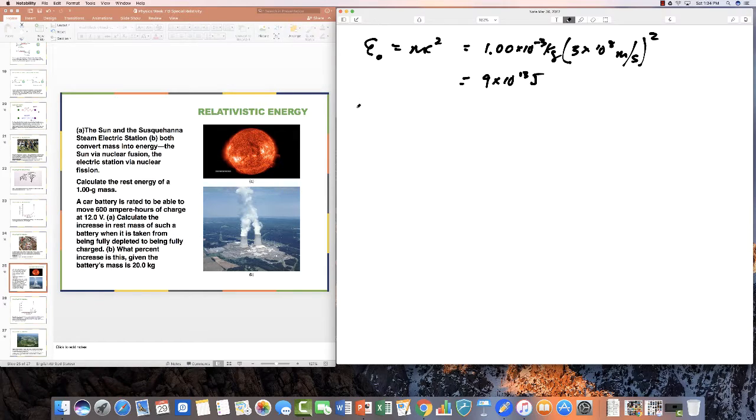Now this is a little bit more complicated problem, but we know that I is equal to 600 amps. We know that V is 12 volts. And we know that c, obviously, is 3 times 10 to the 8th meters per second. What we want to know is the change in mass.